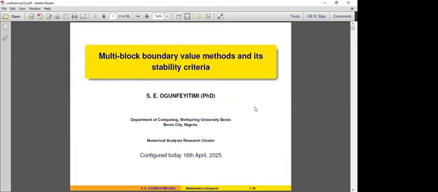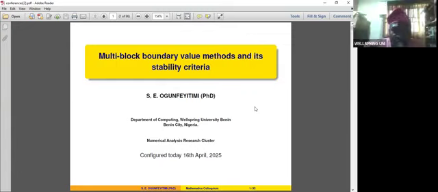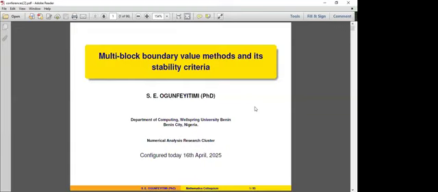But when you talk about higher order problems, higher differential equations, let's say second order, third order, fourth order, we don't talk about A-stability there. There we talk about Dahlquist's conjecture. So in this case, how do you actually establish the stability, and what would you say about the stability for higher order problems?